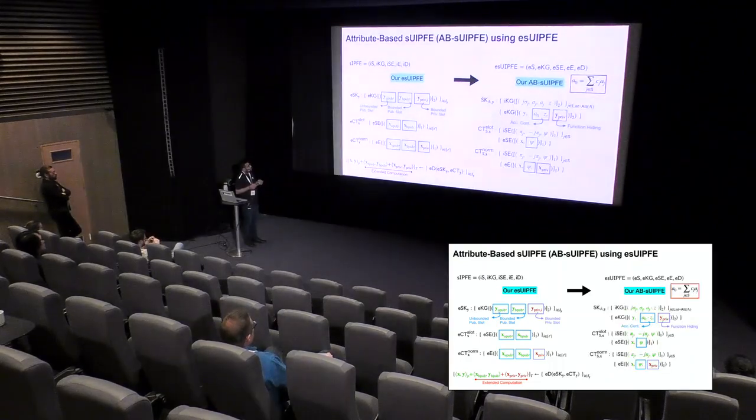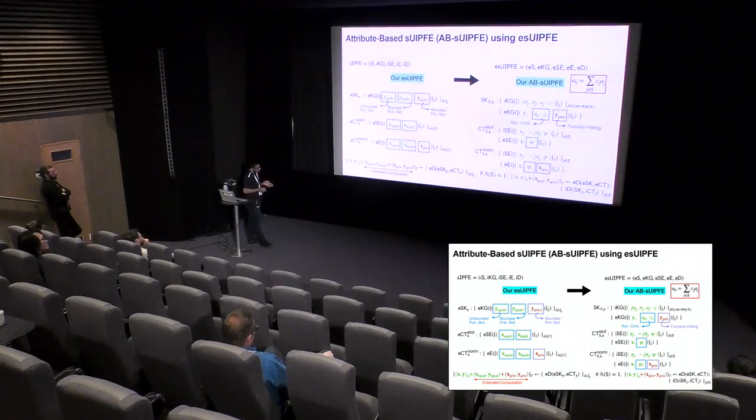Now, using one bounded slotted IPFE and one extended slotted unbounded IPFE, we generate the secret keys and ciphertext components. Here, the bounded slotted IPFE is dedicated to the access control part, and the extended slotted unbounded IPFE handles both the functionality as well as the unboundedness. And if the access structure is satisfied by the attribute set and the permissive relation also holds, then it outputs the required inner product with some extended computations.